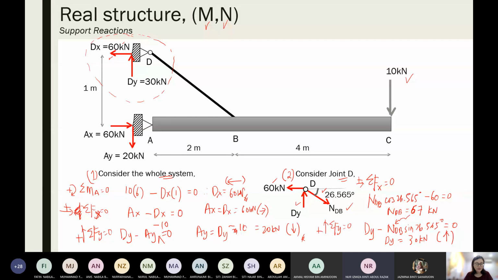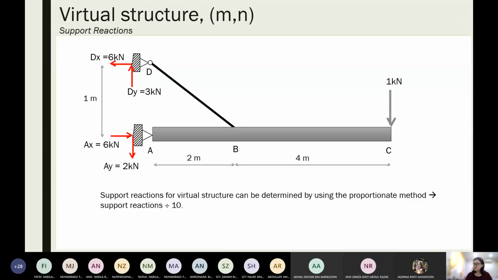Okay, because I'm going to move to the virtual structure. So for the virtual structure, we name it small m and small n. Again, we need to determine the support reactions.